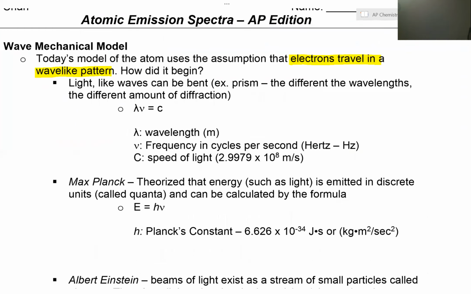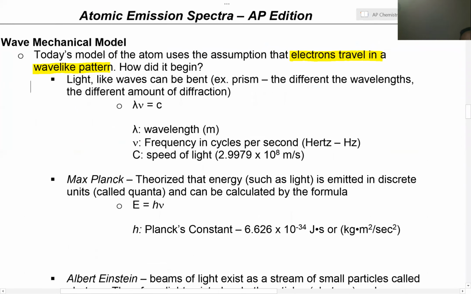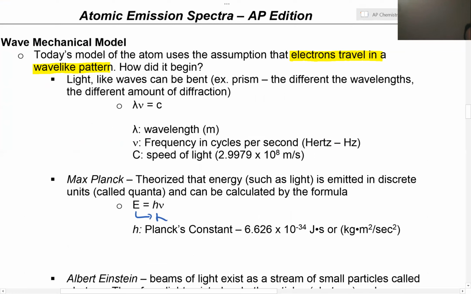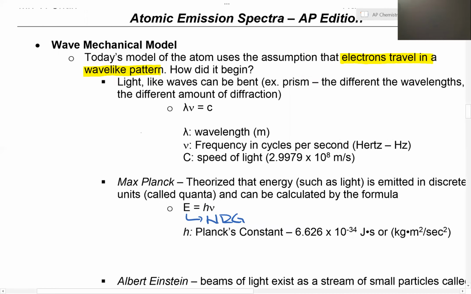Now, Max Planck theorized that energy, such as light, is emitted in discrete units called quanta and can be calculated by the formula E, the energy, is equal to Planck's constant multiplied by the frequency of light. Now, be aware that these two equations are related.